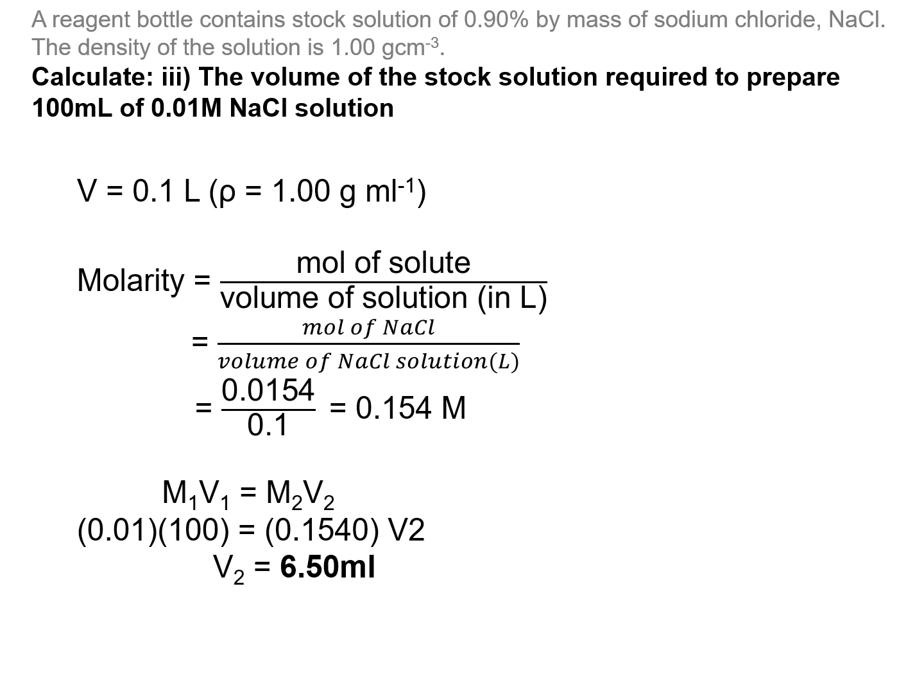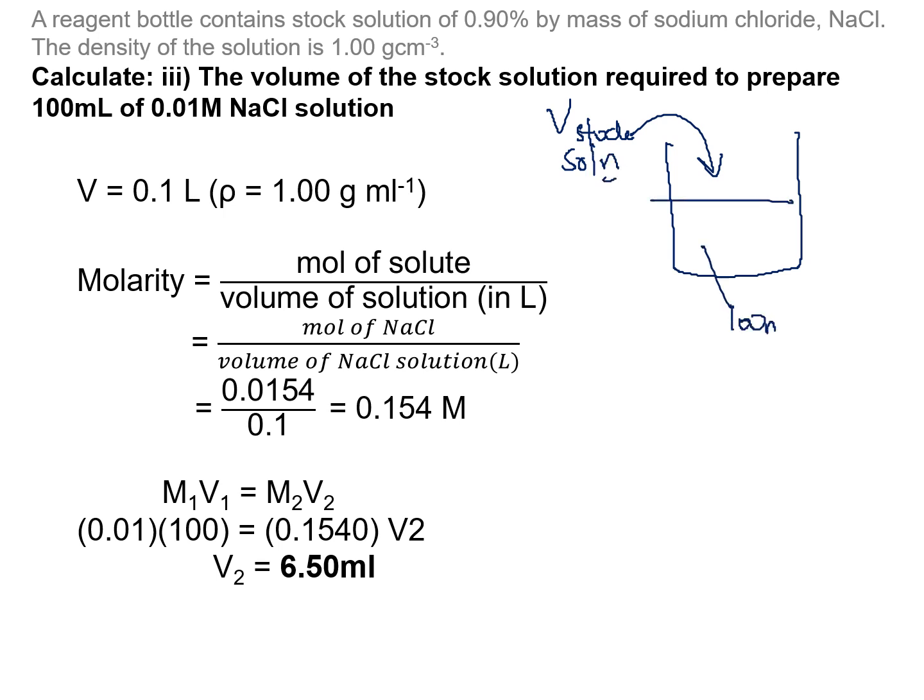The third question: how to calculate the volume of stock solution needed to prepare 100 ml of 0.01 molar NaCl solution. If you don't know, again, just draw a beaker. So if the question mentions stock or dilute, you can use the equation M1 V1 is equal to M2 V2.